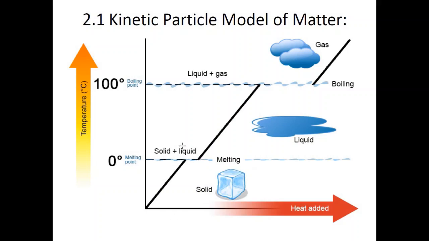This happens because the energy being provided, the heat being provided, is used to break the bonds between molecules and change the state. Similarly, at this point where boiling is occurring, no temperature change is taking place. Why? Because all the heat that is being provided is being utilized to break away the bonds and convert liquid into a gas. Hence the overall temperature is not increasing.